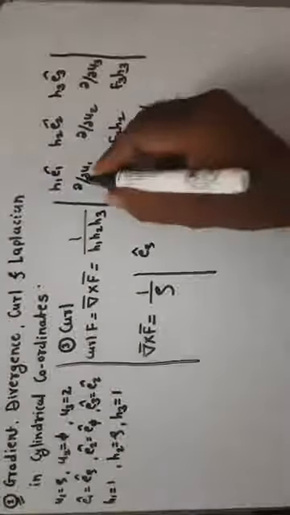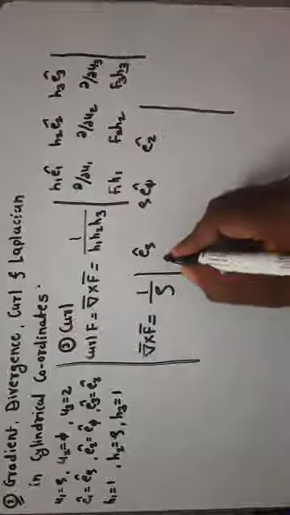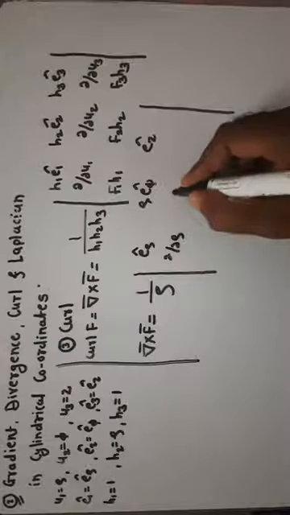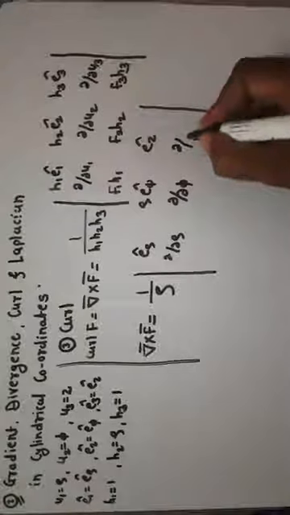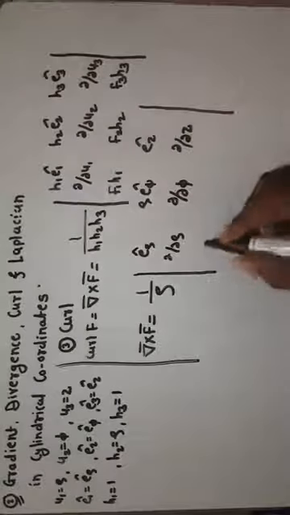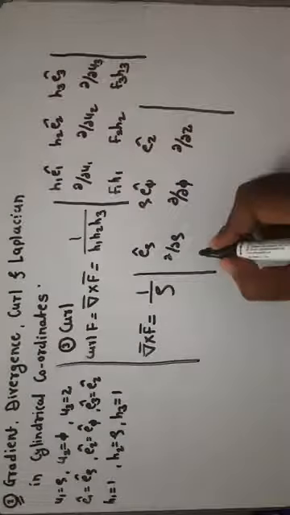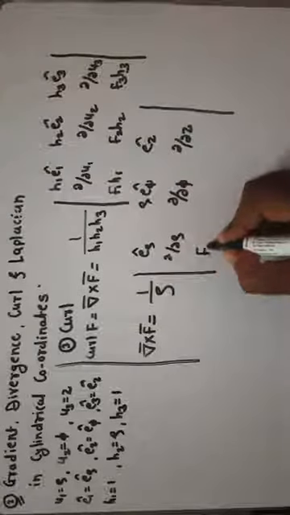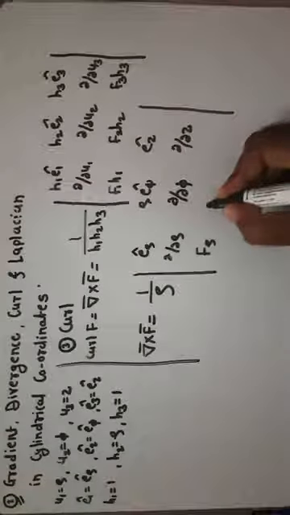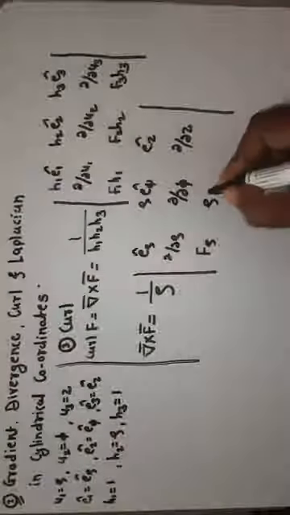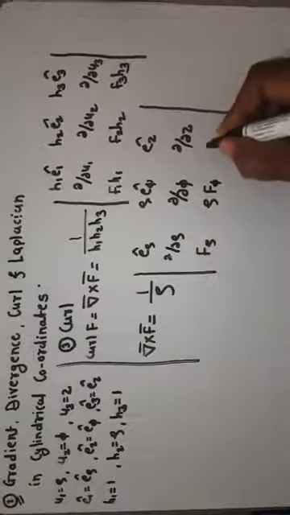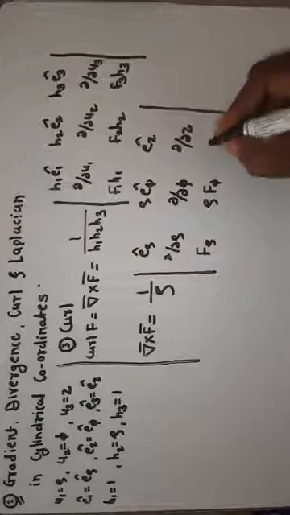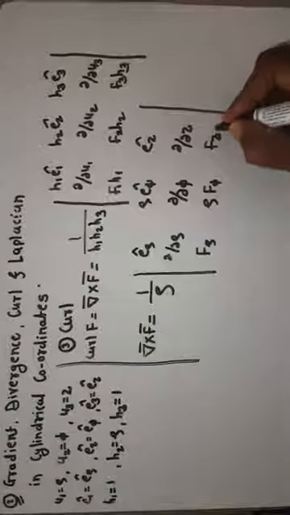Dou by dou rho, dou by dou phi, dou by dou z. Then f rho, rho f phi, and Fz.